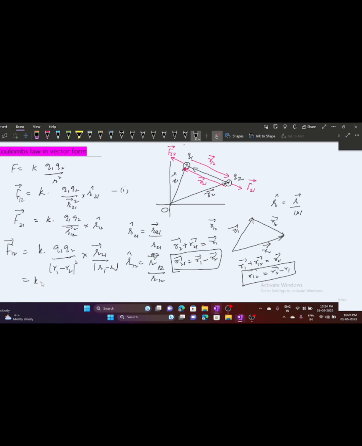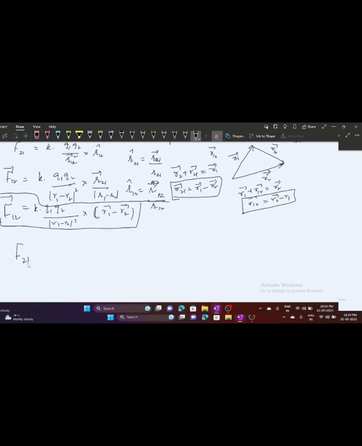So this is equal to K Q1 Q2 divided by the magnitude of R1 minus R2 whole cube, multiplied by the vector R1 minus R2. This is the vector representation of the force F12, the force on first due to second.